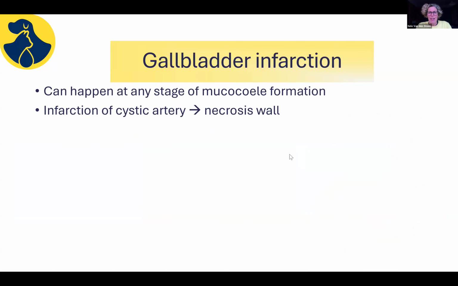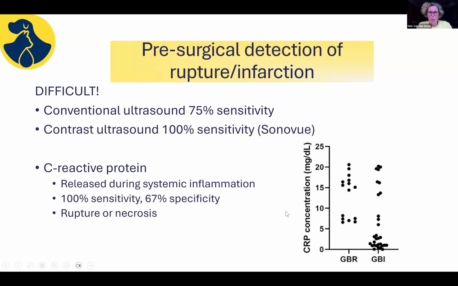Okay, the second thing we said, obviously, these can rupture, but rupture only happens if they get so big and filled up, so in the mature stages. What can happen at an earlier stage is gallbladder infarction. So you get infarction of the cystic artery, which then can cause necrosis of the wall and rupture from that point. Now, how can we potentially detect an infarction?